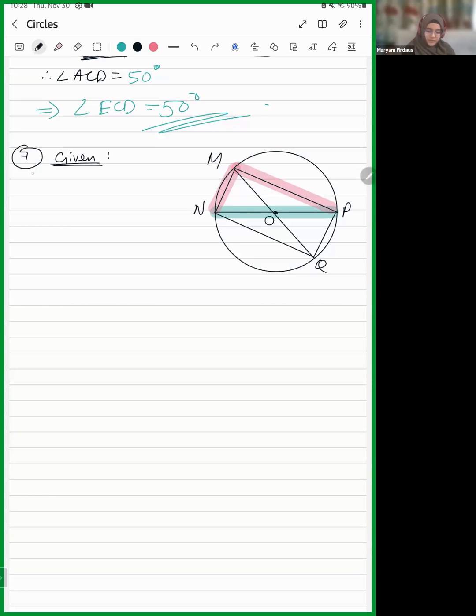Given NP and MQ are diameters of the circle, then you have to prove that it's a rectangle. So I'm just going to write, to show that PQNM is a rectangle.